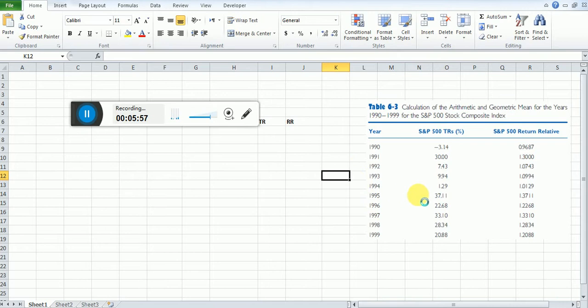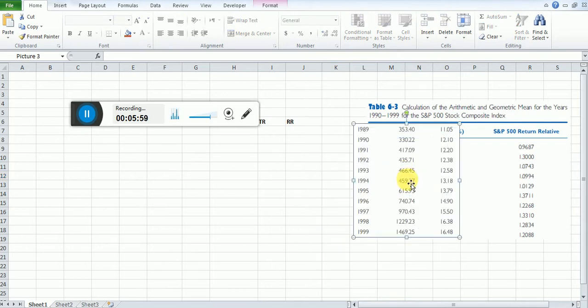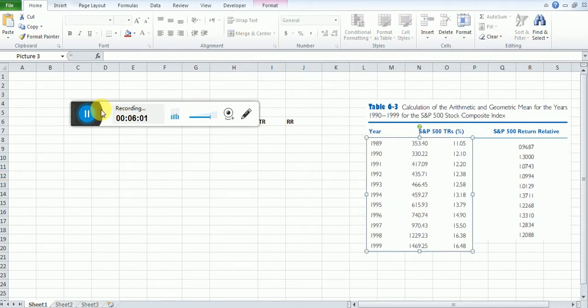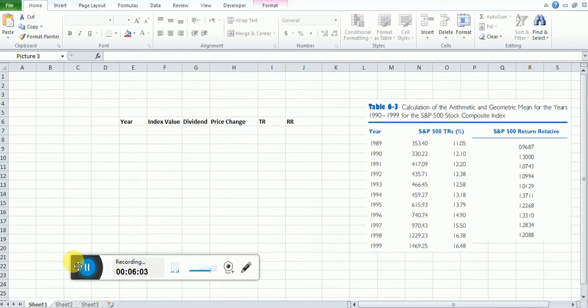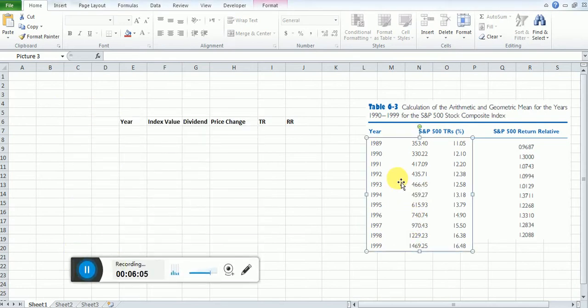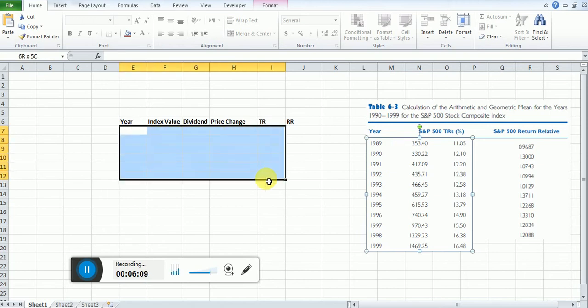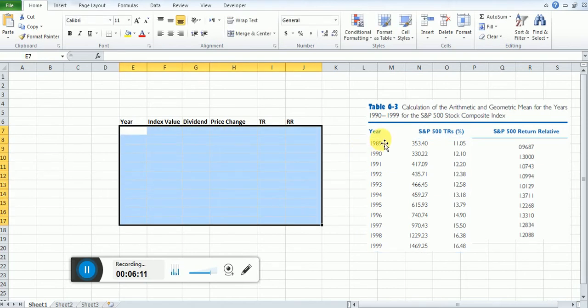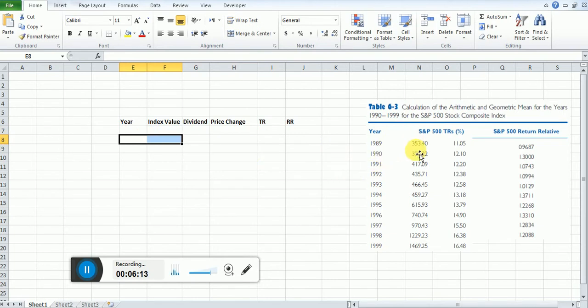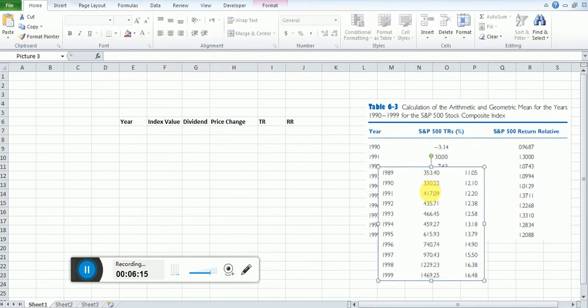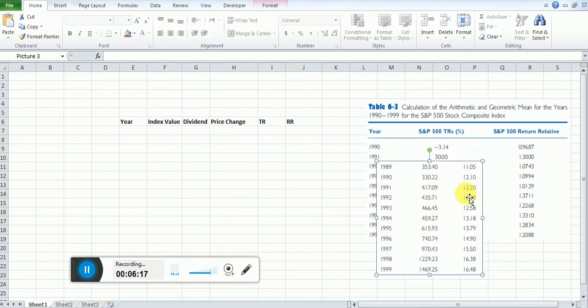Now, as you know, this is in the form of a picture, and I'm typing all the data into this Excel sheet. So we have years and then the index value. I'm copying the index value, and this is the dividend we have.